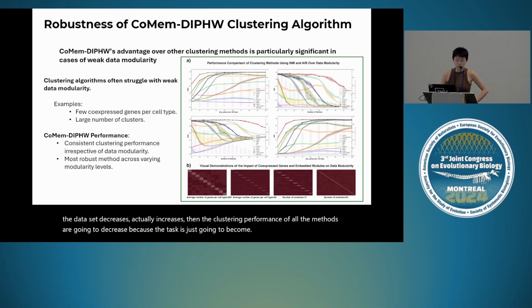But we show here that our proposed method, especially when the memory is incorporated, the co-mem deep hypergraph walk highlighted in red, outperforms all the other methods, especially in scenarios where the data modularity is very weak. For example, when the number of embedded modules is 100, or the average number of co-expressed genes per cell type is very low, like only 5, we're still performing pretty well.